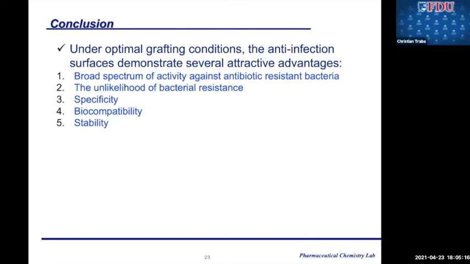Several attractive advantages of these surfaces include, 1, their broad spectrum of activity against antibiotic-resistant bacteria; 2, the unlikelihood for bacterial resistance due to their proposed mechanism; and 3, specificity. Our surfaces could distinguish between tissue cells and microorganisms. And they were biocompatible and they were stable.